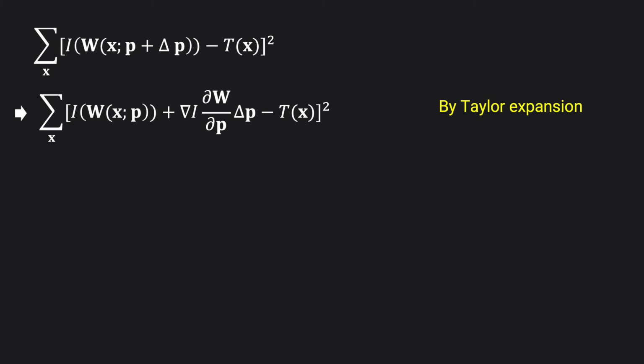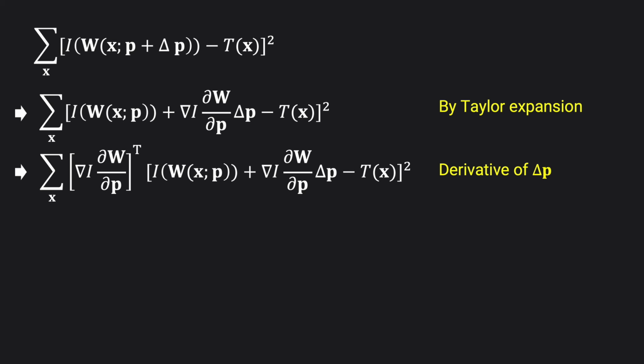As you can see here in the brackets, there are three terms. The first term is the warped image based on the current parameter, the second term is the gradient times the change of the parameters, and the third term is the target image.